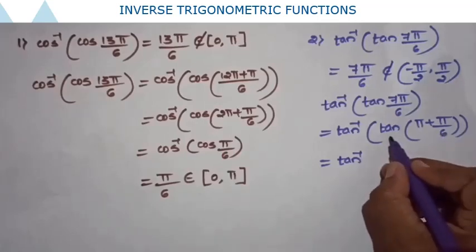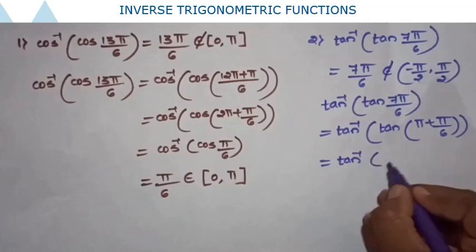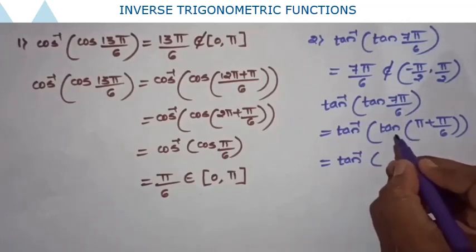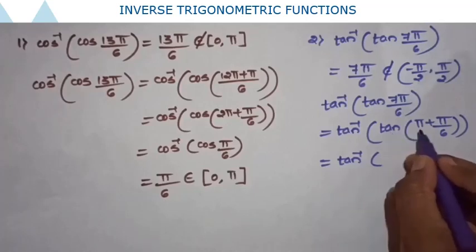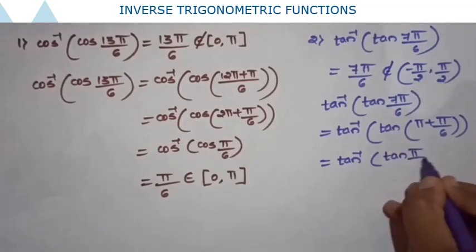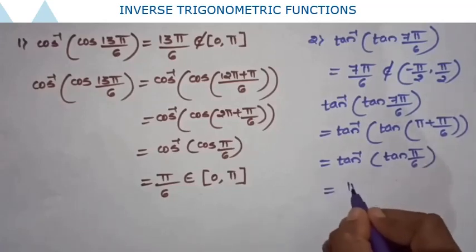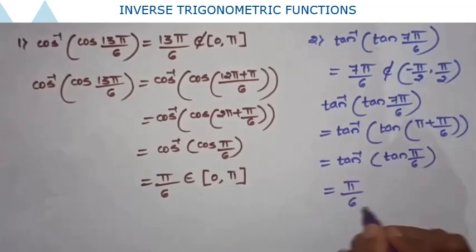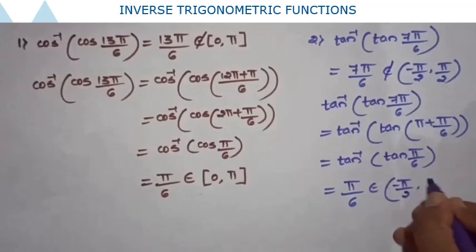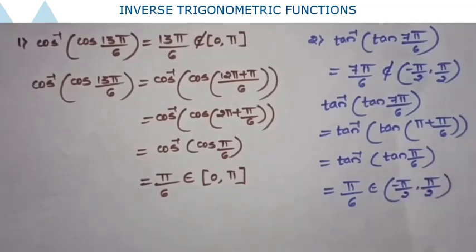In the third quadrant tan is positive, so the sign will be positive here, and because of 180 degrees tan does not change to cot, it remains as it is. Therefore tan of pi plus theta is tan theta, that is tan pi by 6. So the answer is tan inverse of tan x is x, where x should belong to the open interval minus pi by 2 to plus pi by 2. Like this we should find these values.